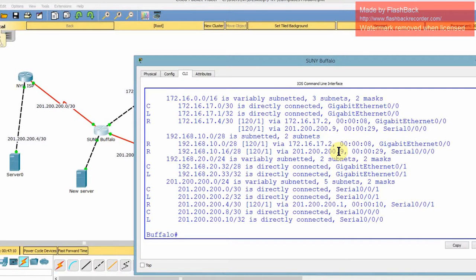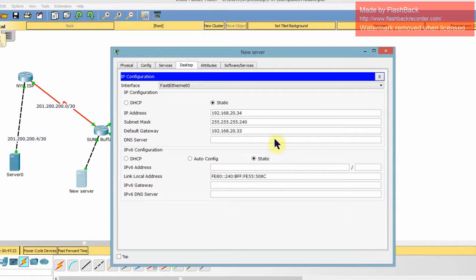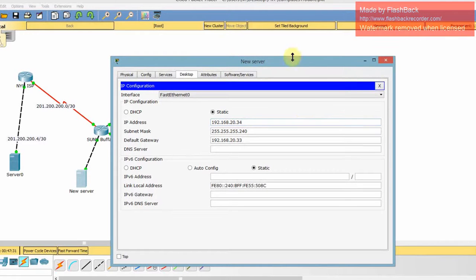Dynamically learned one too. So why can't you access it? What's going on here? That's your IP. Well, that's your gateway. That's your subnet. There's no duplicates. That should be right.